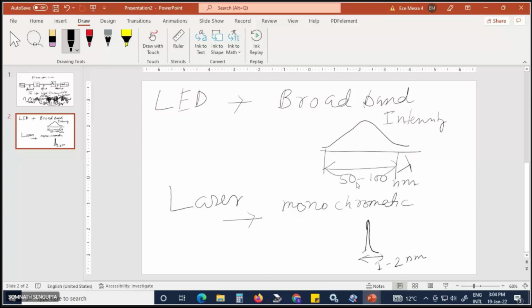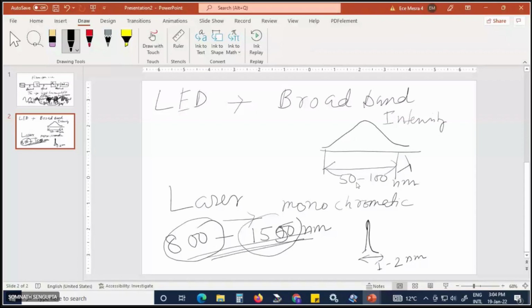Whatever the wavelength may be, the wavelength may be 800 to 1500 nanometers for any source. These are the available wavelengths, 1550 let us say. This wavelength range is used for optical systems. Earlier 800 nanometer was used. Nowadays 1550 nanometer is used.